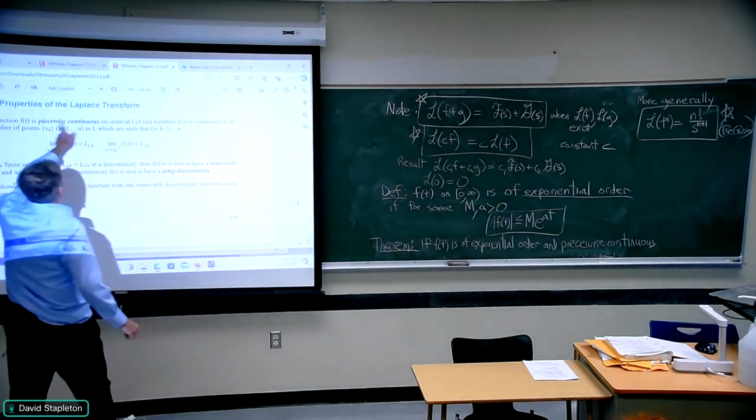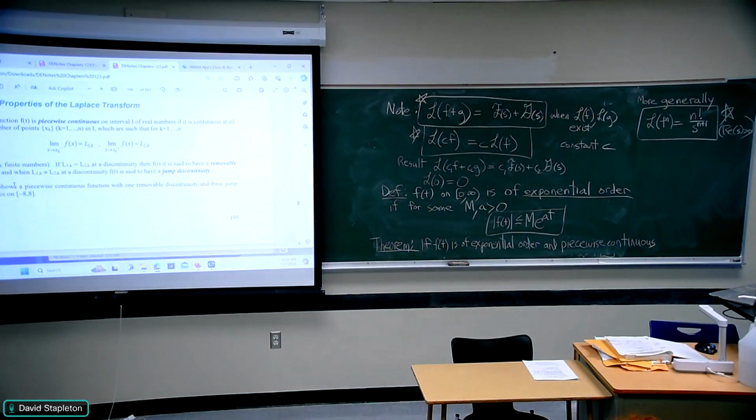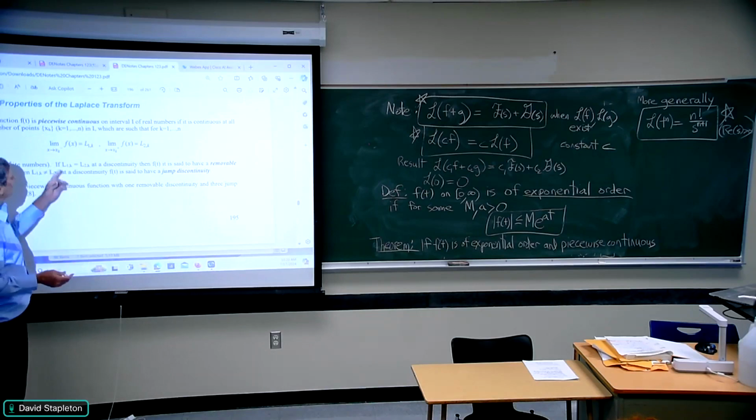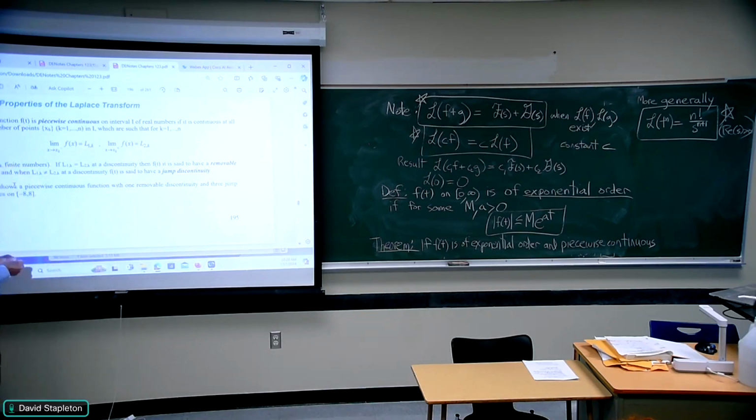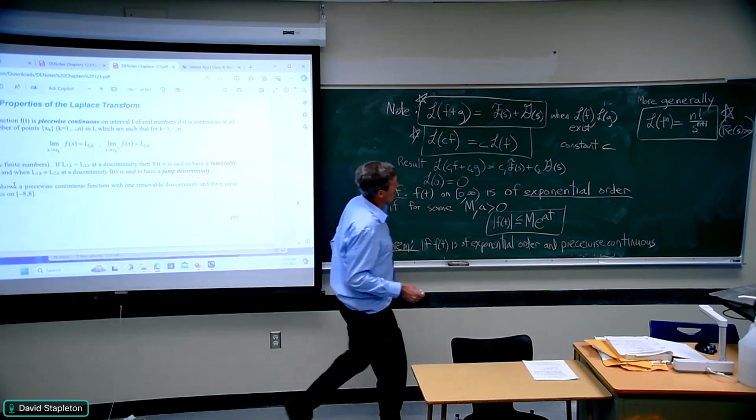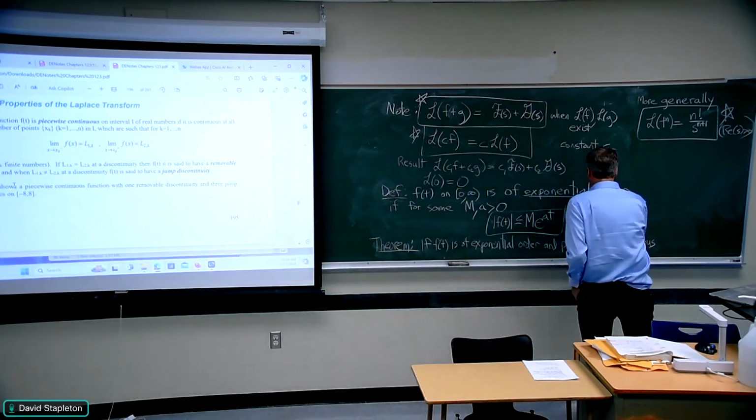A function f of t is piecewise continuous on an interval of real numbers if it is continuous at all but a finite number of points, let's say xk, in the interval, which are such that at each point the function doesn't blow off to infinity but approaches some finite limit. Right? So these are called jump discontinuities. Or if they approach the same number but maybe the function is not defined there, you call it a removable discontinuity.